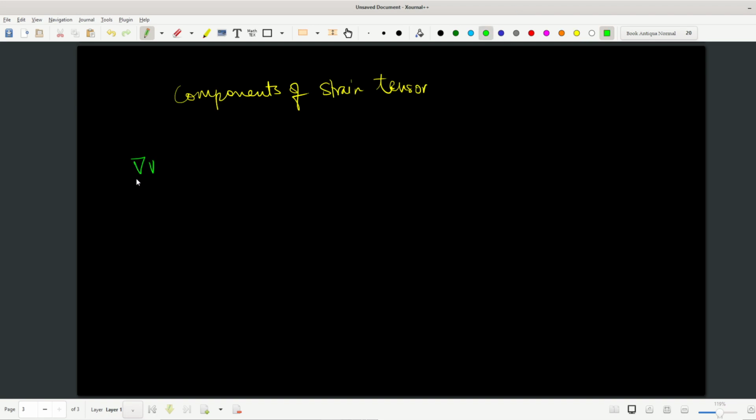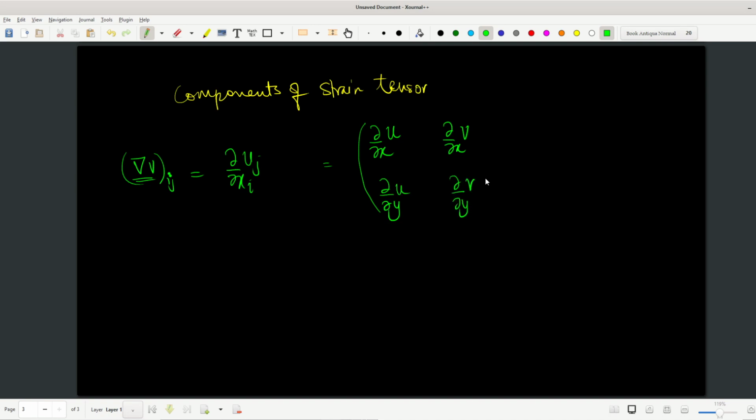So might as well find out the velocity gradient tensor. The velocity gradient tensor is del xi of uj. So that is del x u, del x v, del y u, del y v. Is it clear how this comes?